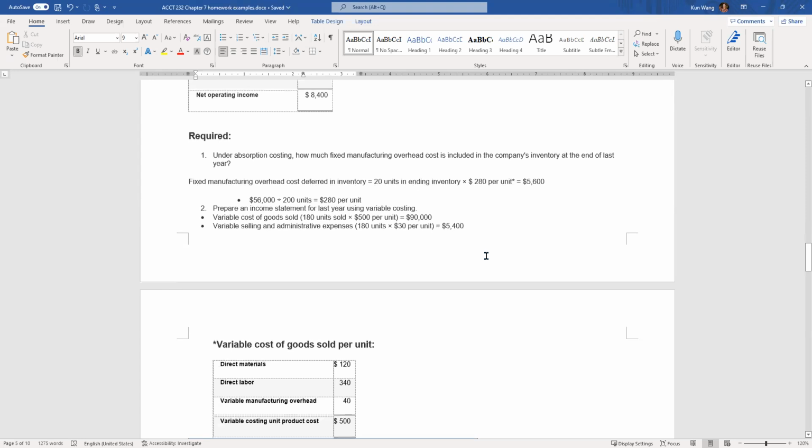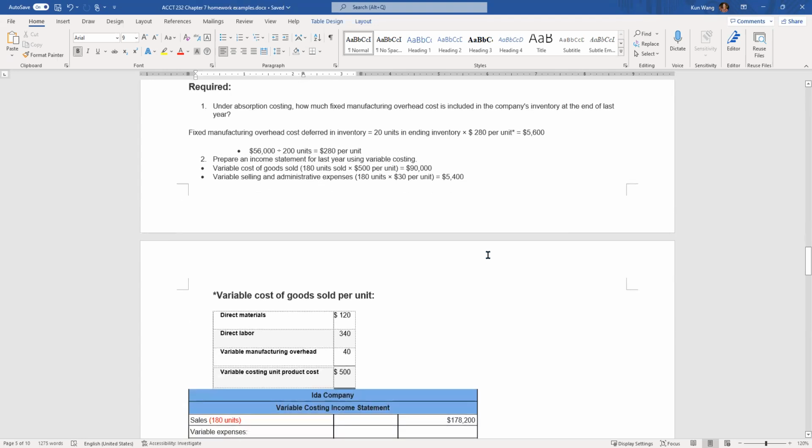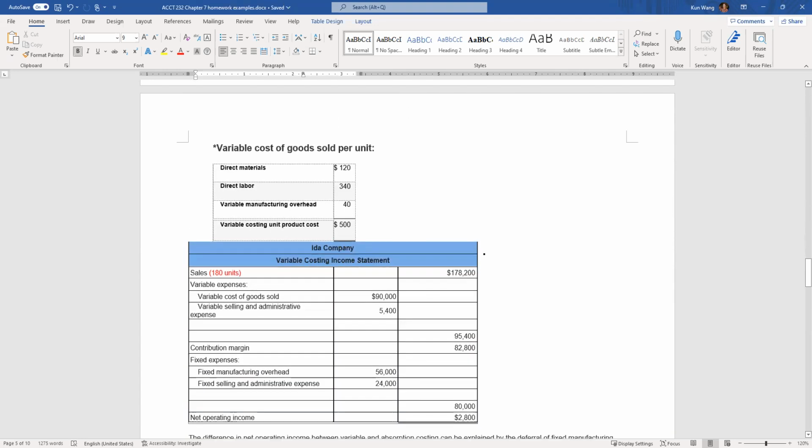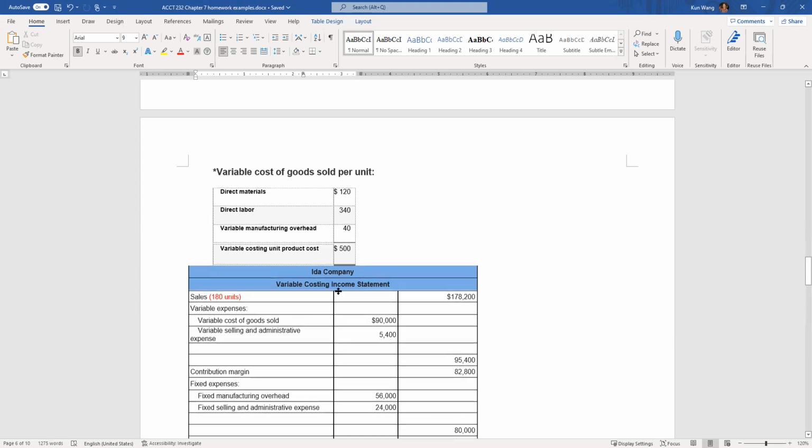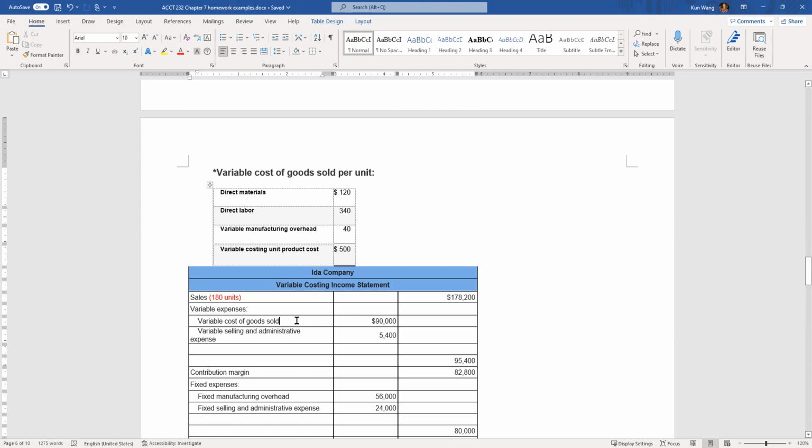And number 2, the variable costing income statement. So this one, we get the same revenue as the absorption. The revenue will not be different between the 2 income statements. But under the variable cost of goods sold, we only include the variable manufacturing cost, which is 500 multiplied by the 180 units, the sold units.